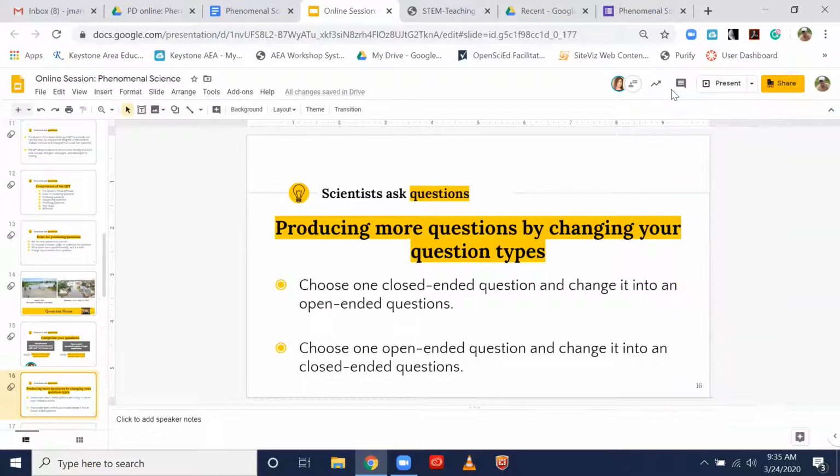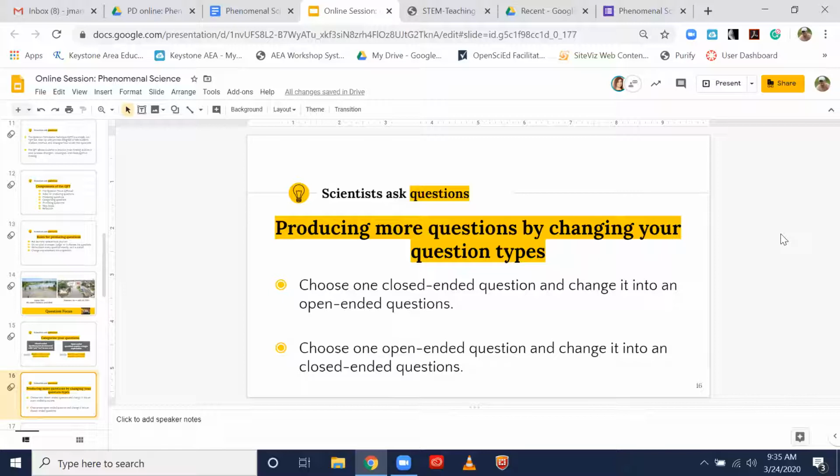So the challenge will be that once you've gone ahead and marked all of your questions as either closed or open-ended, we're going to challenge you to choose one closed-ended question and change it into an open-ended question. So how could we rephrase this closed-ended question to be more open? And likewise, pick one of your open-ended questions and reword it to change it into a closed-ended question.